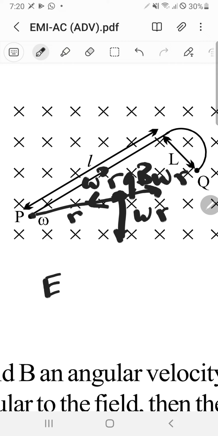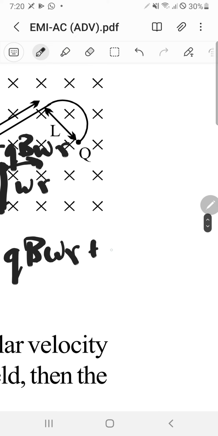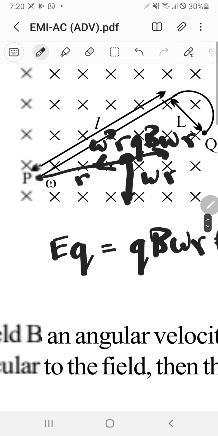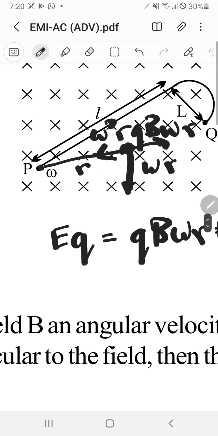So E times q is equal to q times B omega r plus m omega squared r. Yeah, that's right. Of course. And now what?